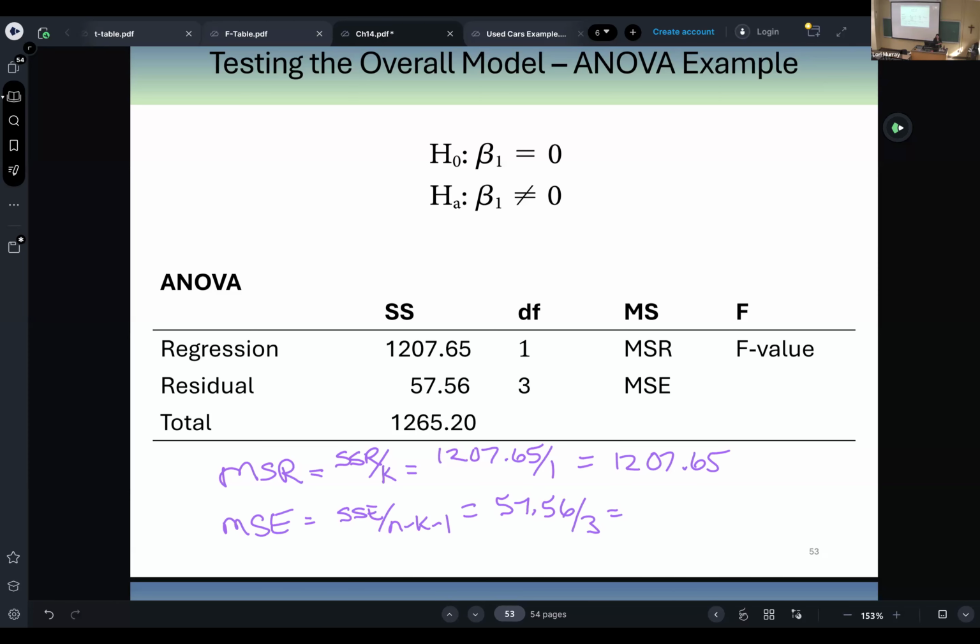So how many data points was there? It must be 5, right? N must equal 5 in this case, because n minus k minus 1 is equal to 3, then there must have been 5, right? And that gives us, what do we get for that?